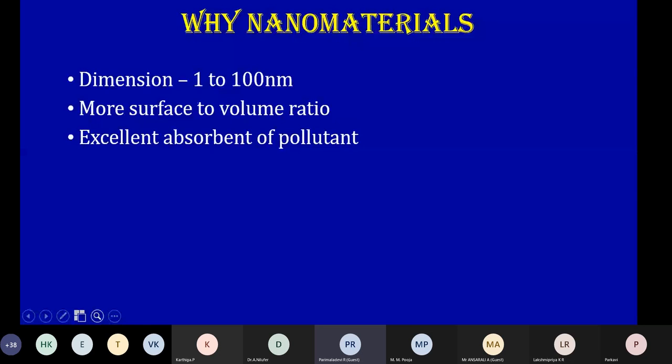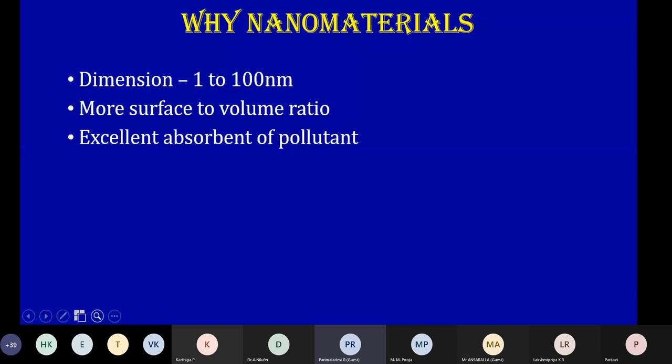Normally nanomaterials have a dimension from 1 to 100 nanometers. Because of their small size, they contain a much lesser number of atoms, which in turn gives rise to very different properties compared to bulk material. Owing to their small size, nanomaterials possess a very high surface to volume ratio, which leads to more surface-dependent properties.